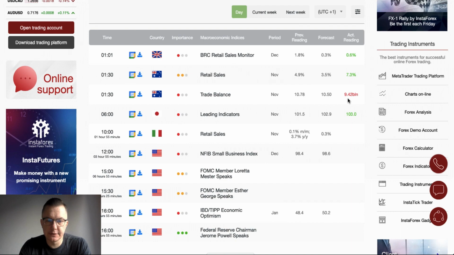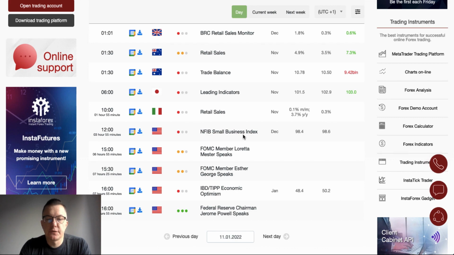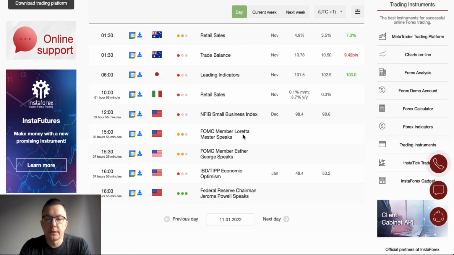During the London session, there isn't much important data scheduled for release. However, during the New York session, we've got the FOMC speeches. Member Loretta Mester will give a speech, Esther George will give a speech, and then at 4 o'clock, Federal Reserve Chairman Jerome Powell will give a speech as well.